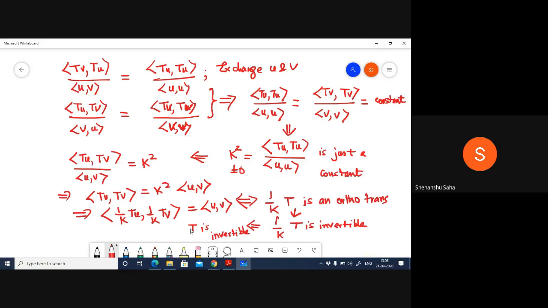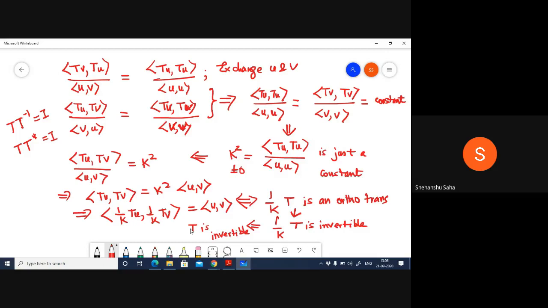And that also follows straight away from the fact that, we know that if a transformation is invertible, then the transformation and its inverse compose to the identity transformation. We also know that if a matrix is orthogonal, it follows this property.